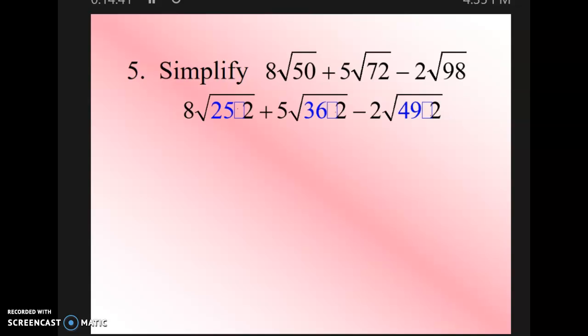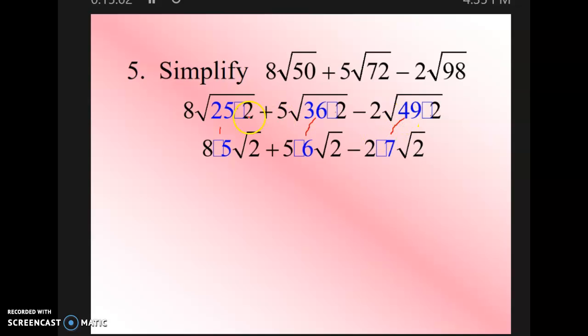When we pull out the perfect square, the square root of 25 is 5. The square root of 36 is 6. And the square root of 49 is 7. Notice the 2 stays under the radical each time. Just like on the last example, we're going to multiply the numbers that are outside.